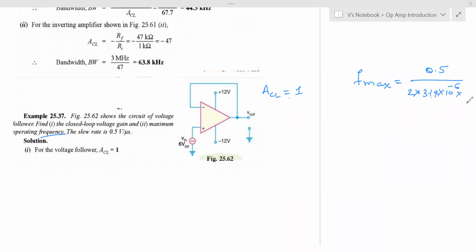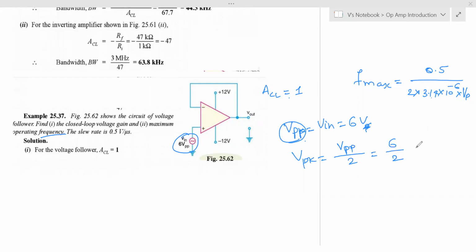Gain is 1. No, sorry, it is not gain, it is output, V peak, right? So V peak to peak output will be same as the input. So what is input? Here 6 volt peak to peak, right? So this is V peak to peak, but V peak will be half of this peak to peak voltage, right?